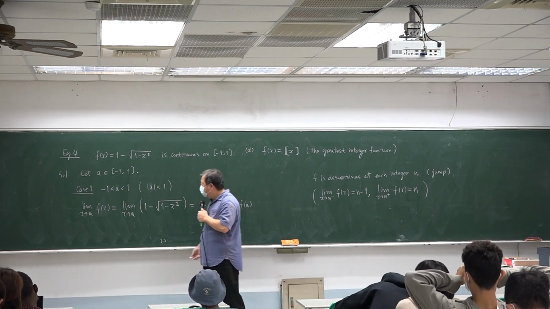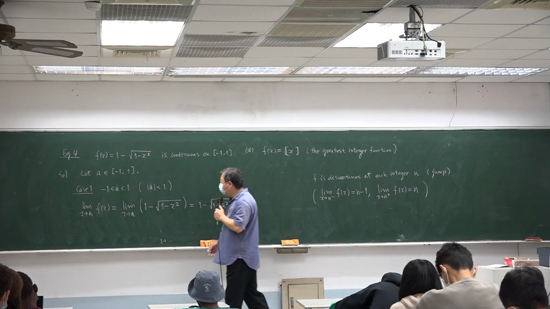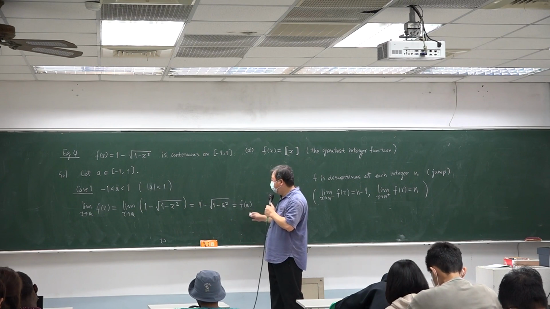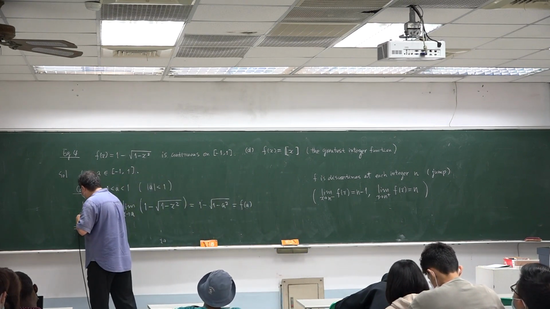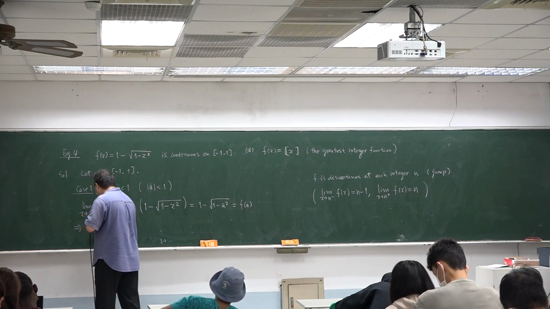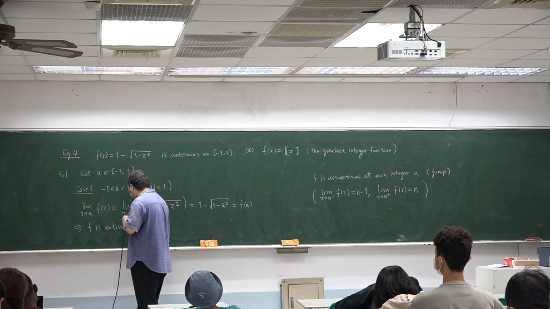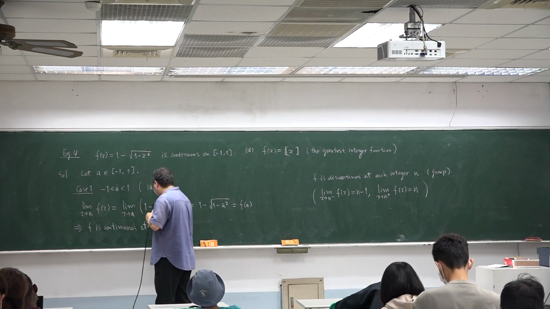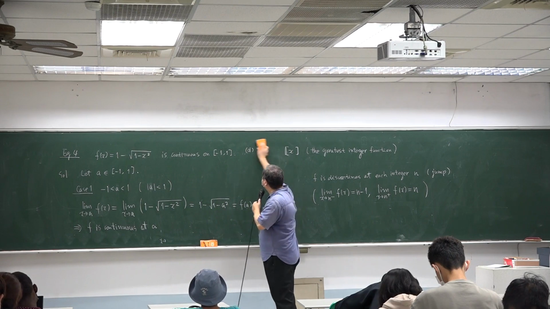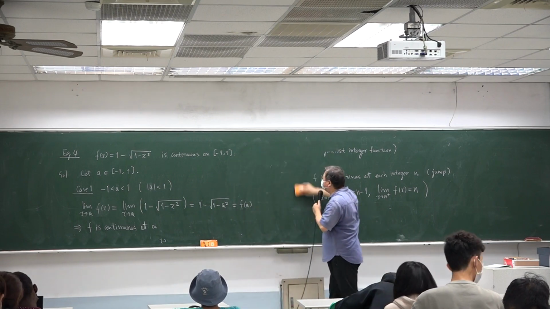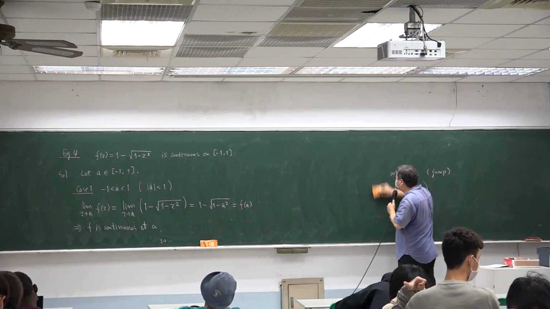By definition, if a function's limit at some number A equals f of A, f is continuous at A. So f is continuous at every interior point of the closed interval.